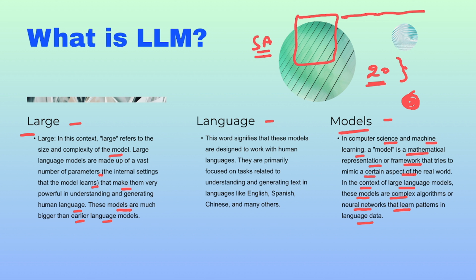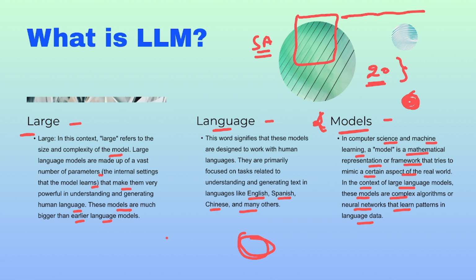Initially it was with humans only, but then the models developed, and because of complex algorithms and neural networks, they were able to make models. Then language. What is language? Just a simple language, the natural language that humans speak, like English, Spanish, Chinese, and many others. So what these large language models are, if you combine all these things: let's suppose there is a brain.